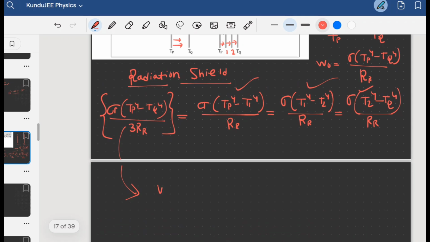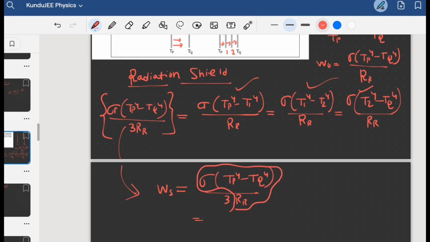So that is Ws. Ws is becoming sigma Tp to the power 4 minus Tq to the power 4 by 3R suffix R. But we already got the value of this one to be W naught, so what is the value of W naught by Ws? 3. So answer is 3.